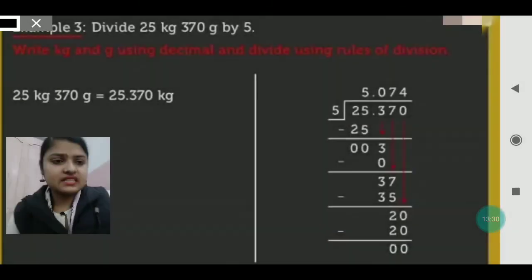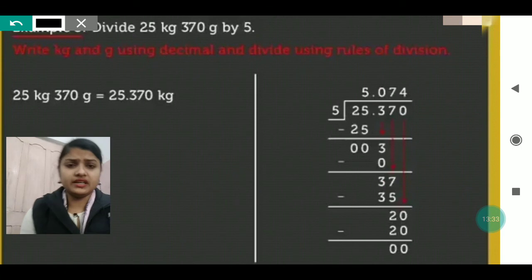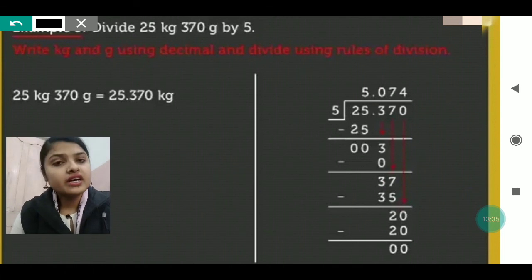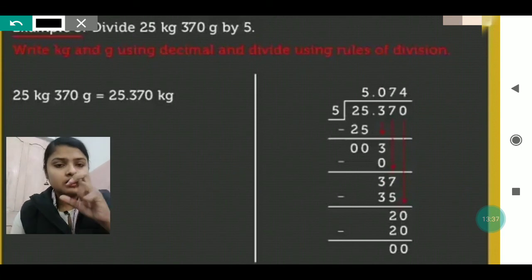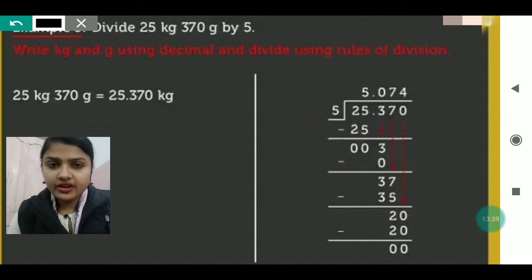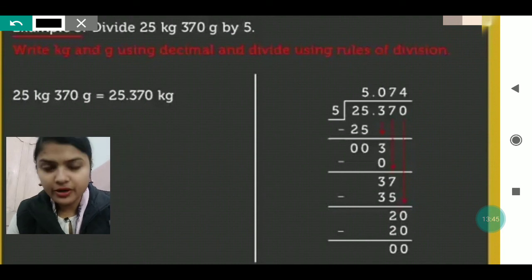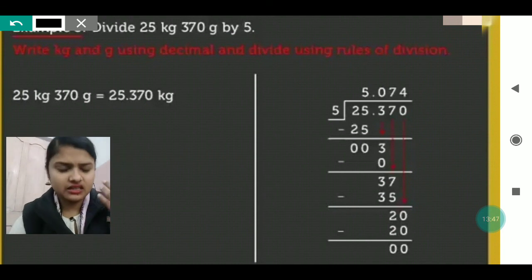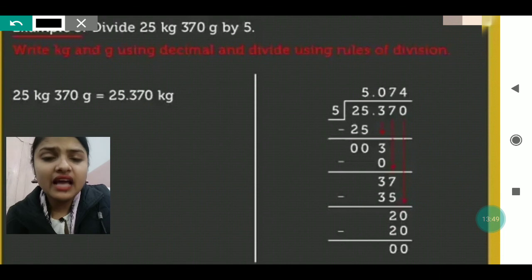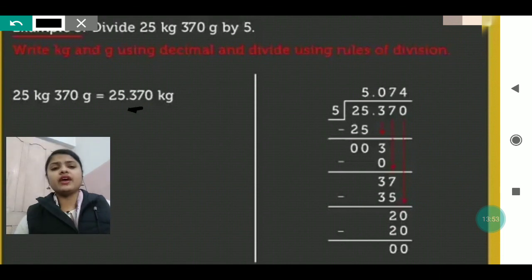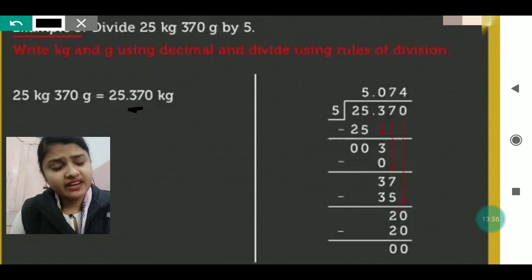In the same way this decimal question is also being done. Suppose we are not converting, and the units are given in different forms, like kg and gram, and we are not converting kg into gram or gram into kg, and we are doing it in that way only. Then after the kg we will put the decimal point, and then we can write the gram.